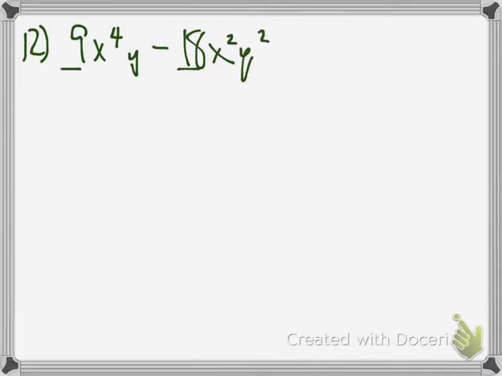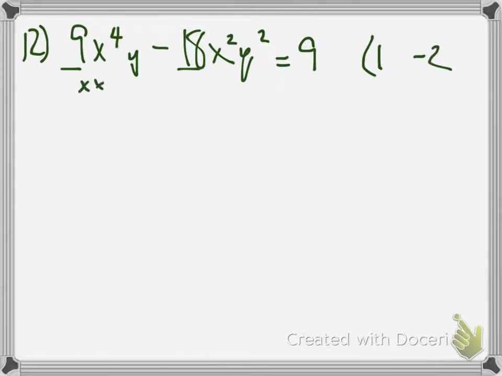So on number 12, 9x to the fourth y minus 18x squared y. First thing you should look for is greatest common factor. If you look here, 9 and 18, I can take out a 9. That leaves me with a 1, and 18 divided by 9 is 2.